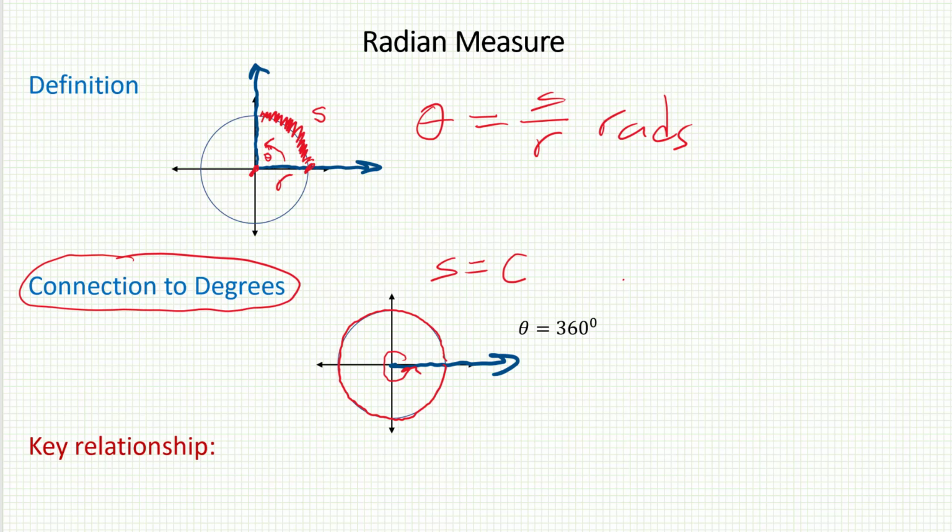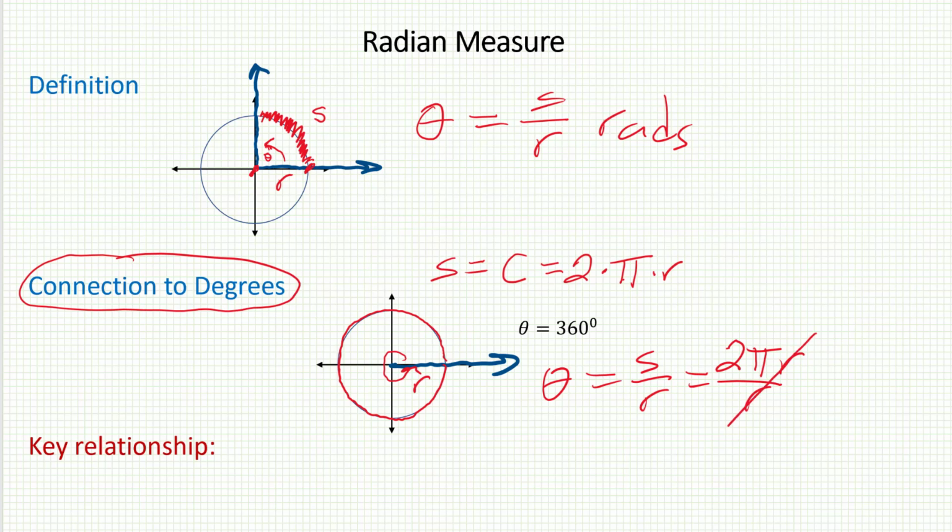Well, you might remember from geometry that there's a formula for the circumference of any circle, namely, it's 2 times pi times the radius of the circle. Again, here's the radius of that circle. Well, when I apply my definition of radian measure, which is S divided by r, S is now the circumference, which is 2 pi r, divided by r.